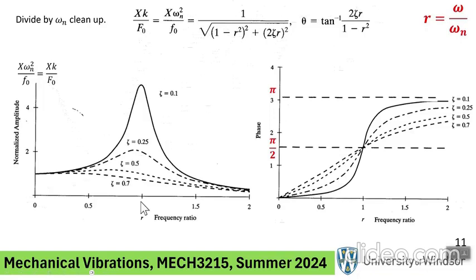When R is equal to 1, when omega is equal to omega n, big X goes to infinity because the denominator becomes 0. So there it is. If we are looking at the no damping situation, the curve starts like that. When it reaches the value of R equal to 1, it shoots to infinity, and on this side, it shoots to infinity.